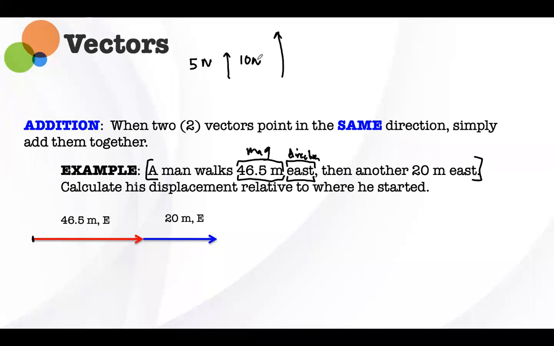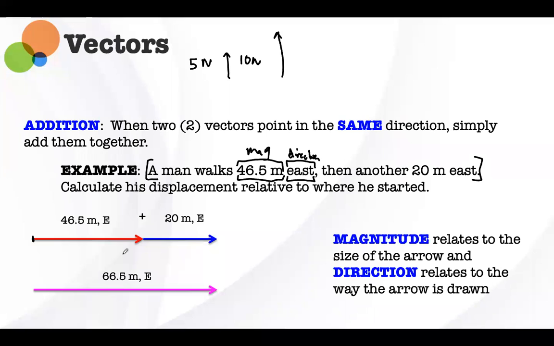So you see the difference in size. Now they're both moving in the same direction, so therefore we go ahead and add them. What would we get for this? 66.5. All right, so in all you would get 66.5 east.